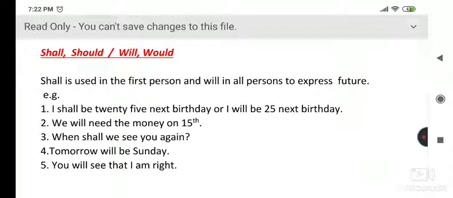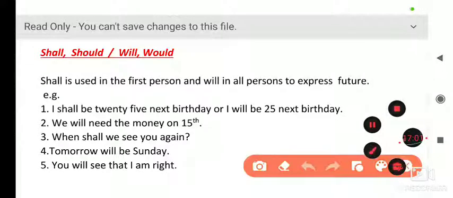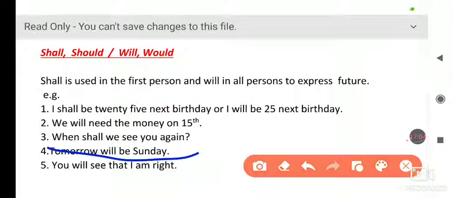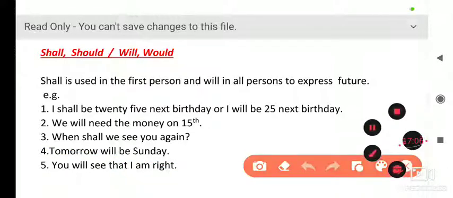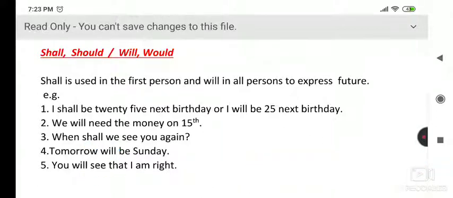In the third sentence, when shall we see you again? Shall is used in this sentence for expressing the future. The next sentence is tomorrow will be Sunday.